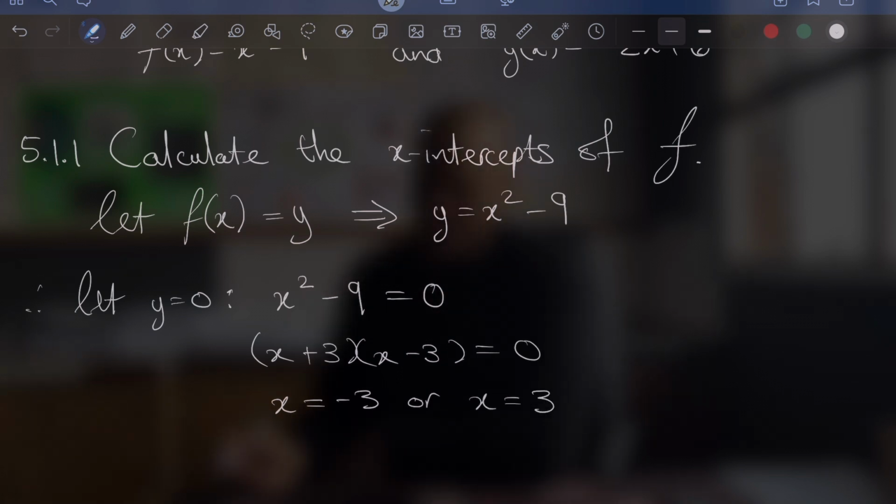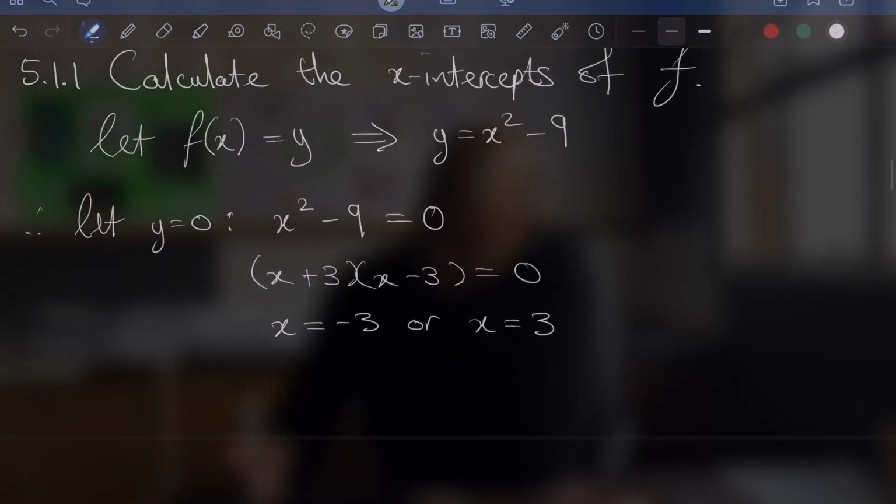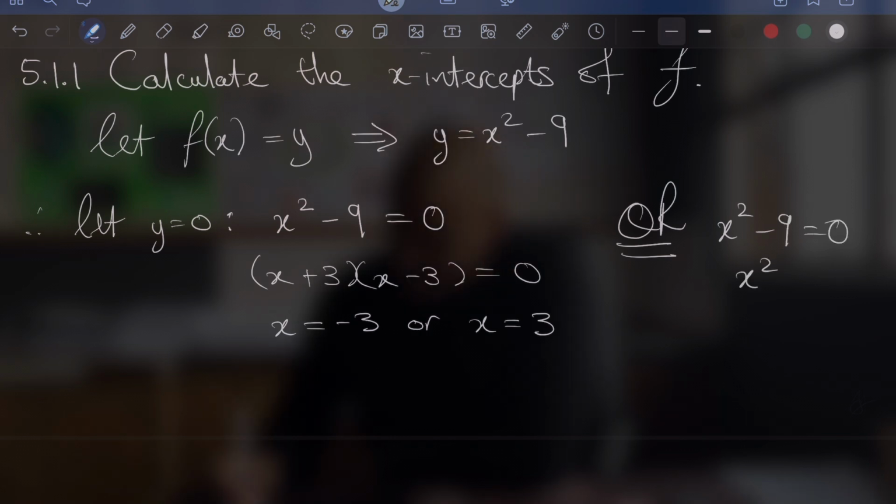Now, you might ask, why can't I do this? I'll put here "or". Some people would want to say x squared is equal to 9. So in other words, take the 9 over and then take the square root of 9. But then just remember, x is going to be equal to plus minus the square root of 9.